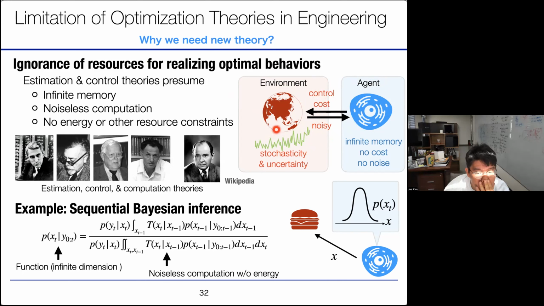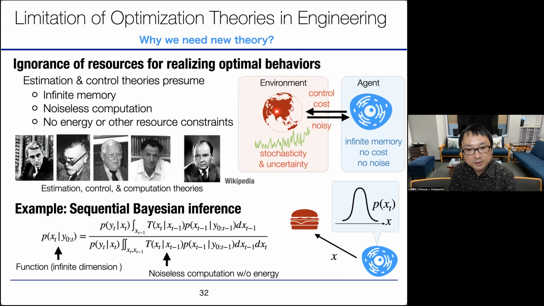But the conventional theory requires that the controller or agent should have infinite memory, and also that this agent should behave without any noise, without any cost. These things were not considered in the conventional one.